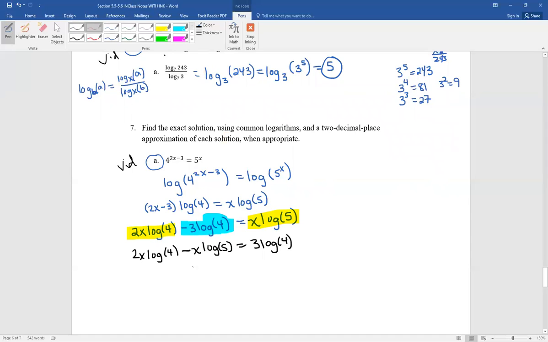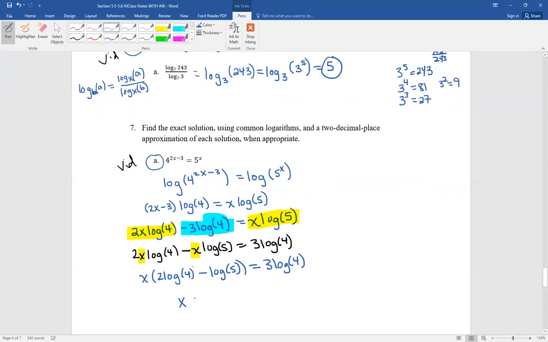Once you get this over here, notice the x in both sides can be pulled out as a GCF. So x times 2 log 4 minus log 5 equals 3 log 4.